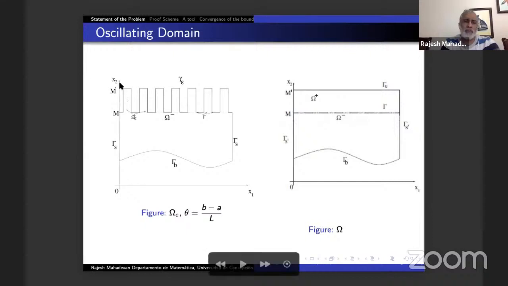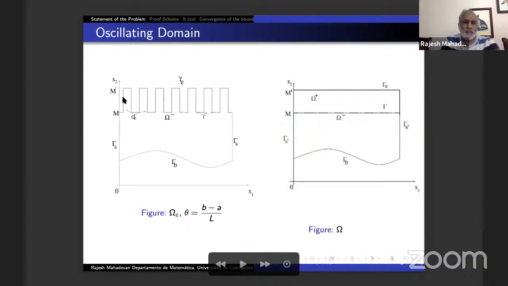But we assume periodicity in this problem. What is probably important is that, as in Francois Murat's lectures, the teeth-like structures fill up a positive ratio in the upper part of the domain.